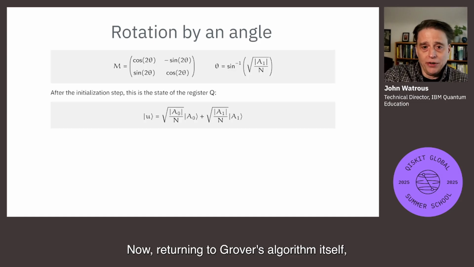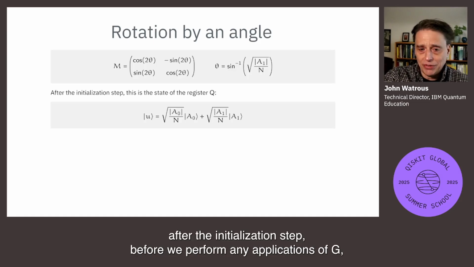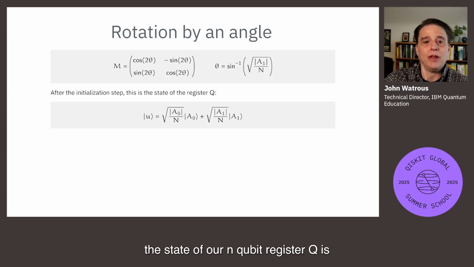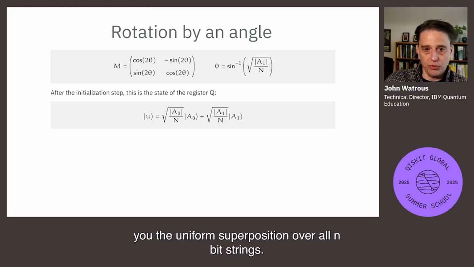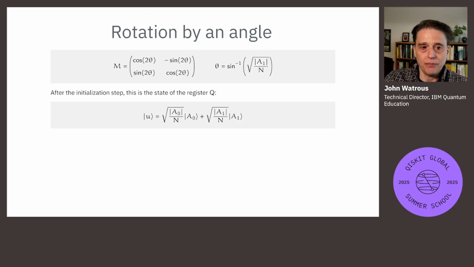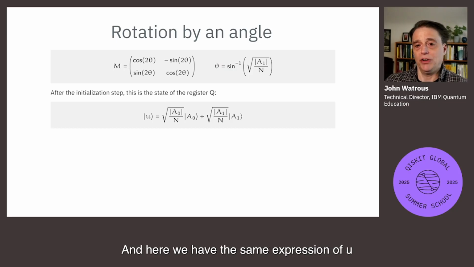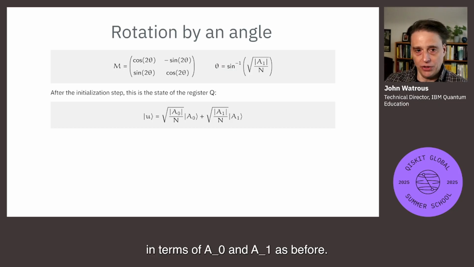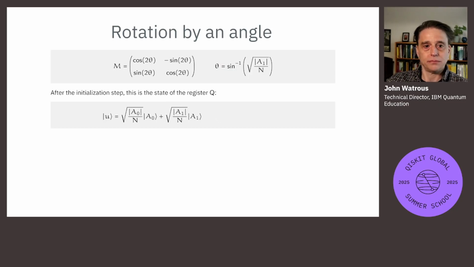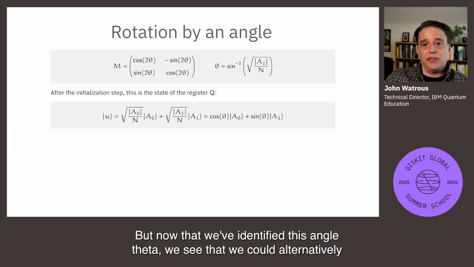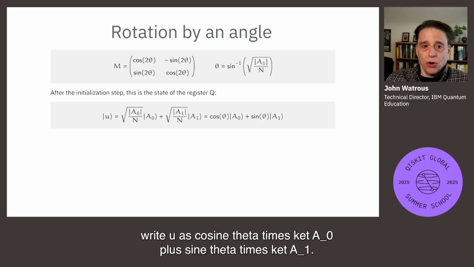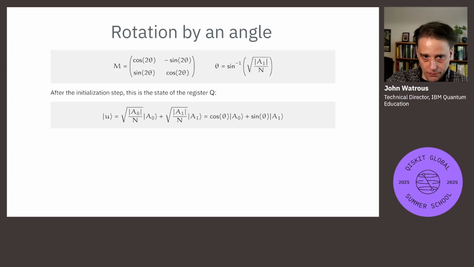Now, returning to Grover's algorithm itself, after the initialization step, but before we perform any applications of G, the state of our n-qubit register Q is ket U, the uniform superposition over all n-bit strings, and here we have the same expression of ket U in terms of ket A0 and ket A1 as before. But now that we've identified this angle theta, we see that we could alternatively write ket U as cosine theta times ket A0 plus sine theta times ket A1.